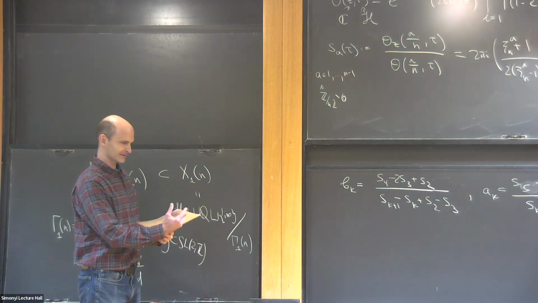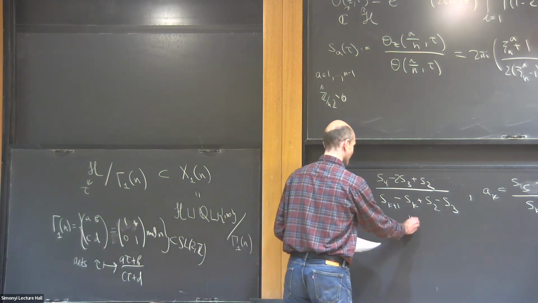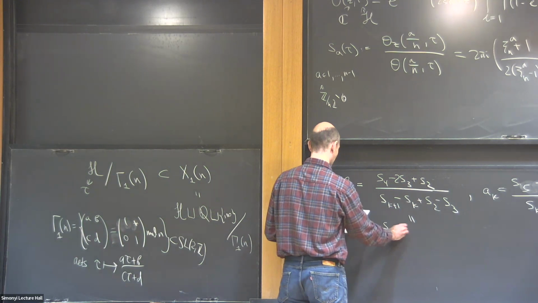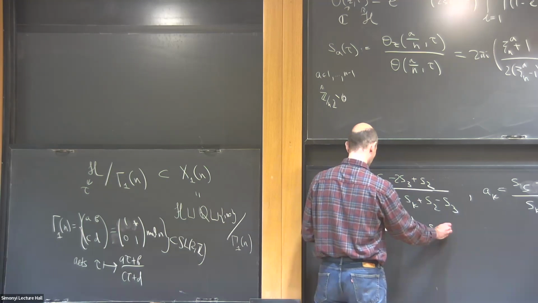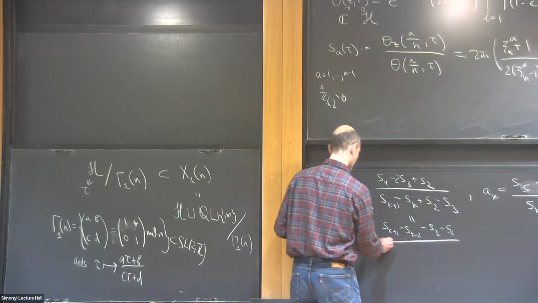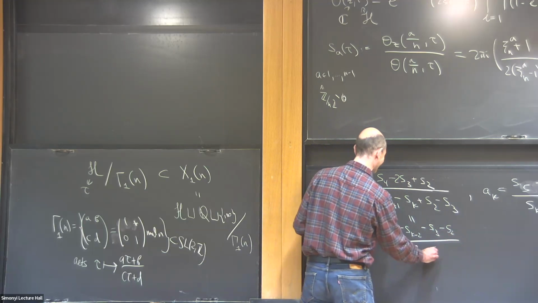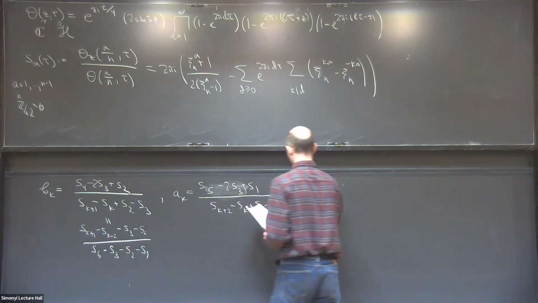Yeah, and then what made me quite excited is that it turns out you can actually rewrite it in this way. So something I had no idea a priori, but there are some identities on S's that were completely unknown to me, and it's possible that nobody has ever looked at them.